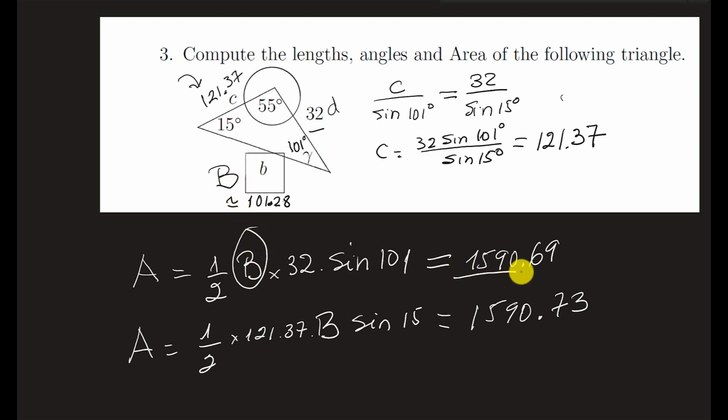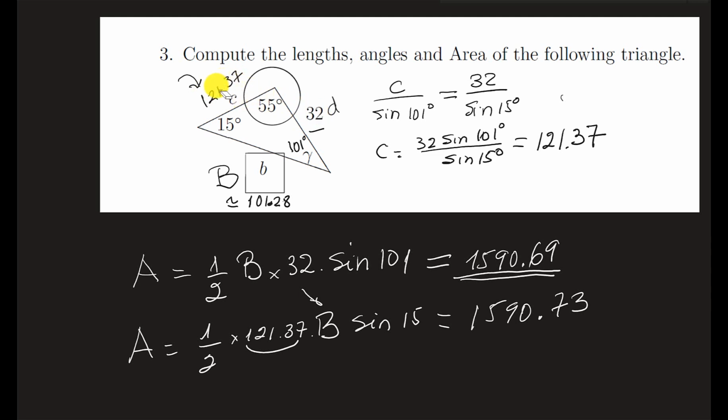So this is a good answer, because the other one has the problem that instead of the 32, you use this number that is not exact, because it was the result of a calculation, it was not given.